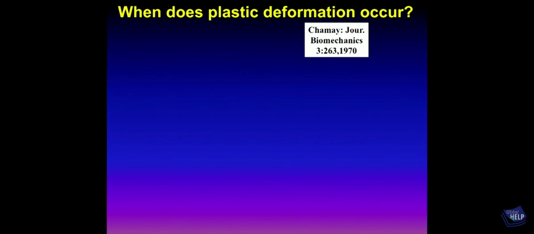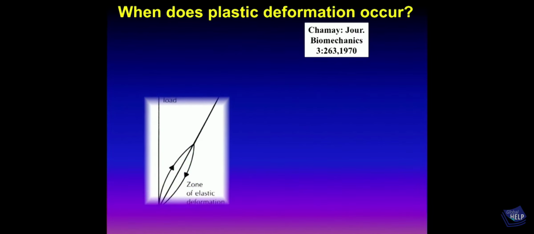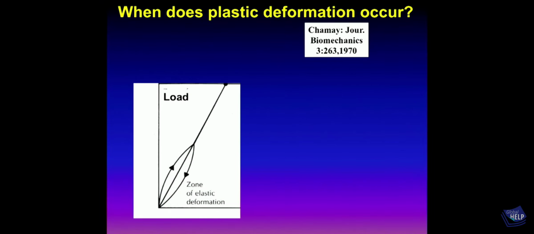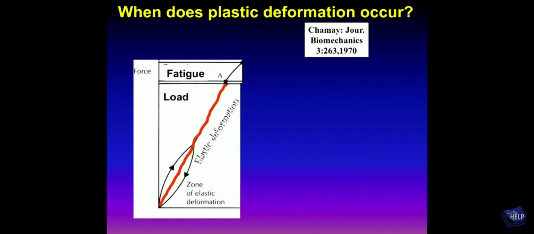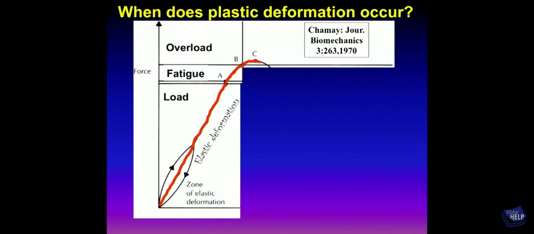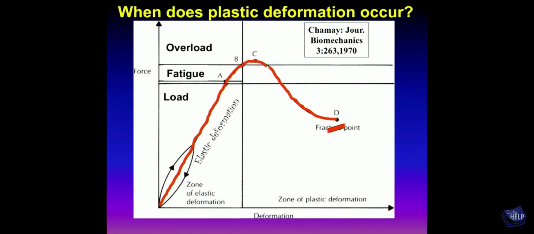Now, when does plastic deformation occur? Well, we went through this before. The first thing that happens is that you have elastic deformation, and then you start to have enough force that it starts to alter the internal structure, and it begins to fatigue, and then it overloads and actually changes that internal structure. And the next zone is if you really have a lot of force, it'll completely fail.